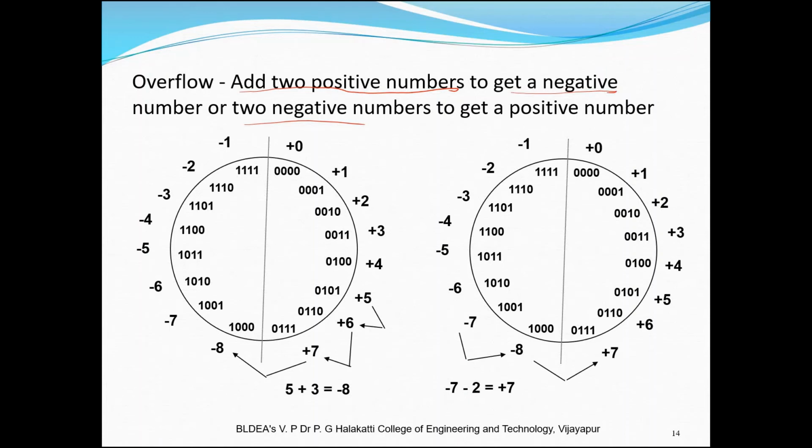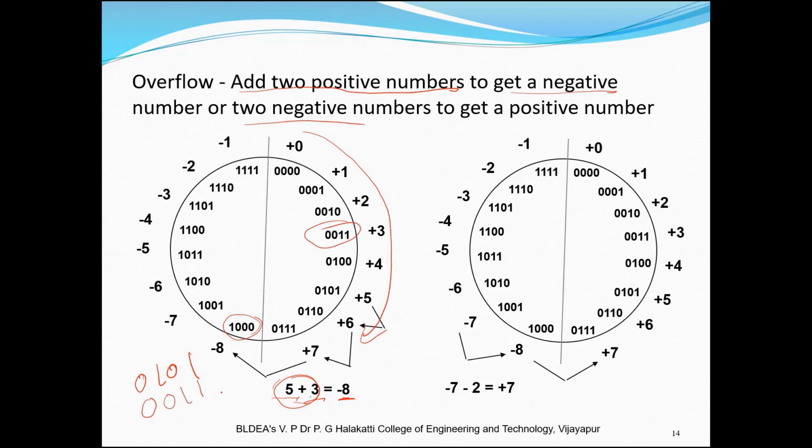Now to understand this, see here, I have plus 5 and plus 3, which I am going to add. I am supposed to get the answer plus 8. But looking at this diagram, when I represent it in binary numbers, the value of 5 is 0101 and the value of 3 is 0011.